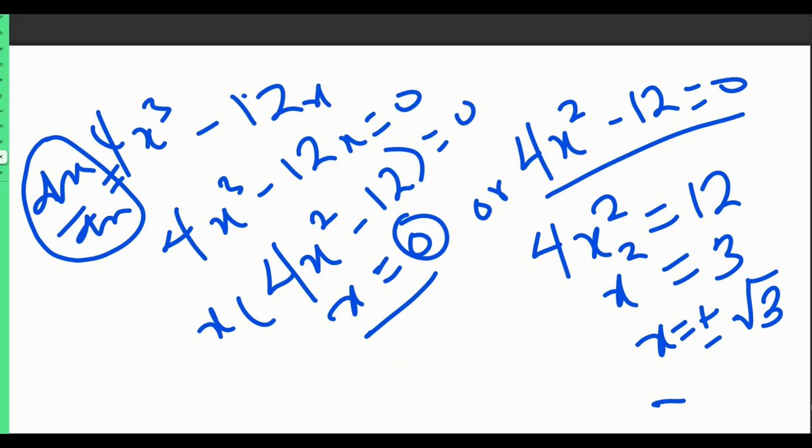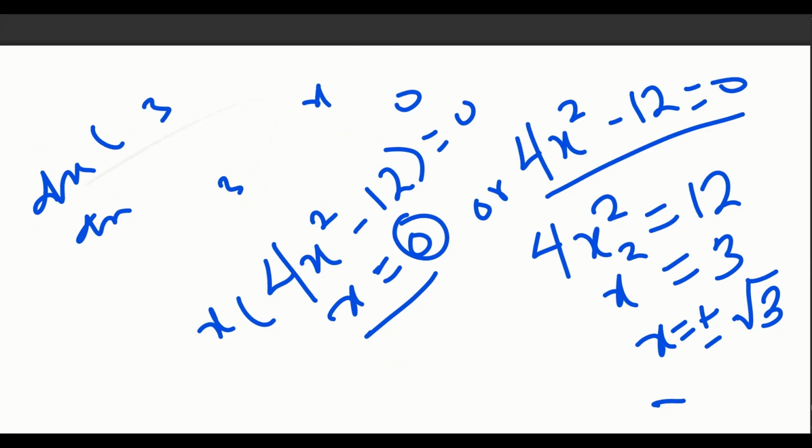So our example was 6x cubed multiplying 7x raised to the power 4.